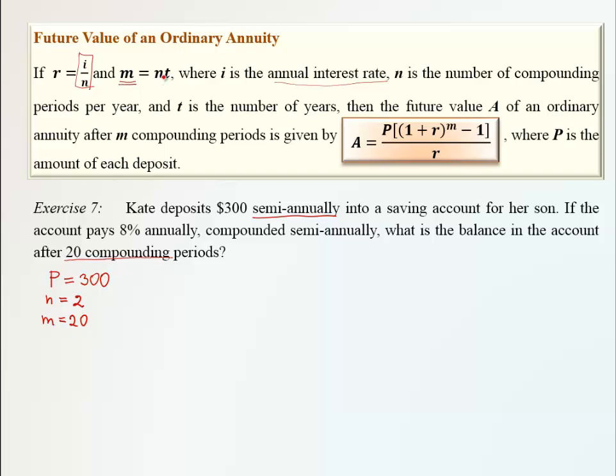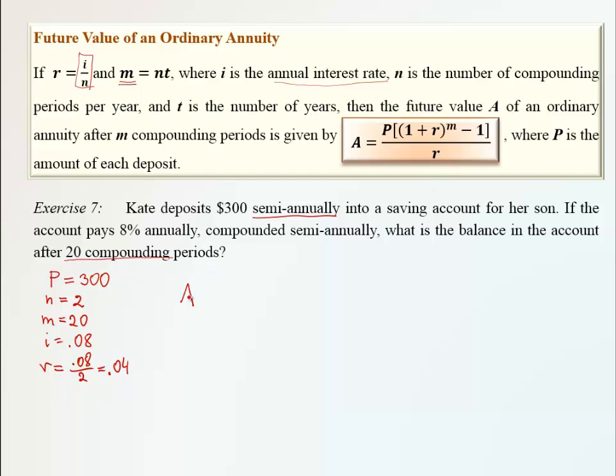Well, we can easily figure out how long she deposits this $300. 20 periods divided by 2, that will be 10 years. So she is doing this over 10 years. And the account pays 8% annually. That means I is 0.08. That's annual interest rate. Therefore, the interest rate per one period is 0.08 divided by 2. So it's 0.04. Okay, that's actually all we need in order to use this formula.